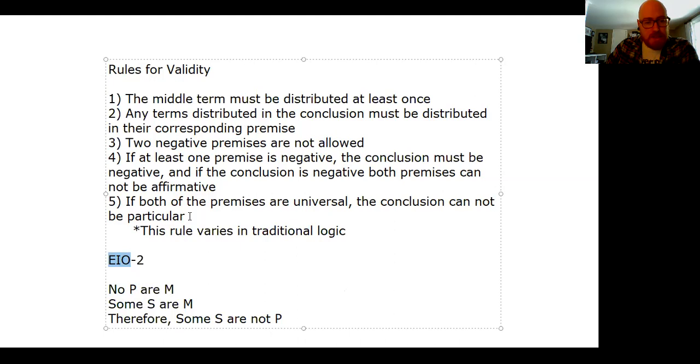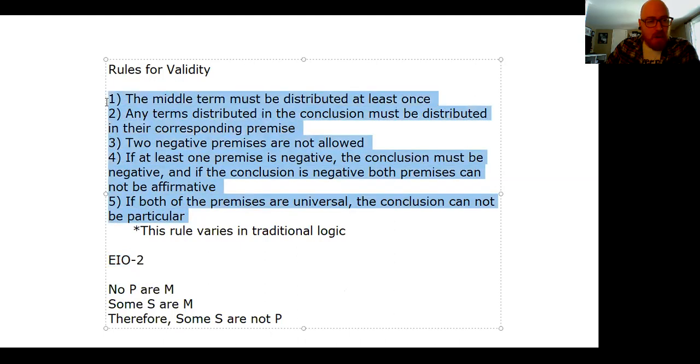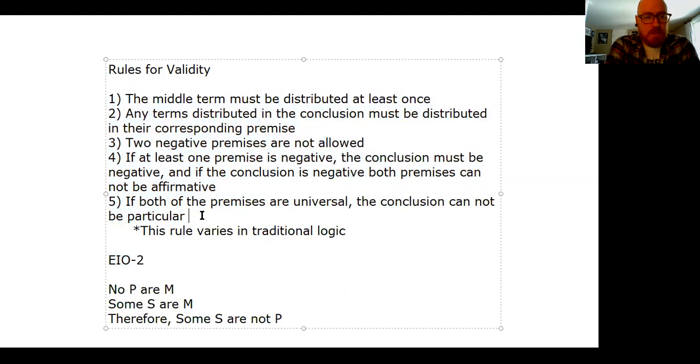Okay, so what does that tell us? So following all 5 of these rules, each of these rules is individually necessary and jointly sufficient for validity. So any syllogism which breaks at least one of these rules is invalid, and any syllogism which follows all 5 of these rules is valid.